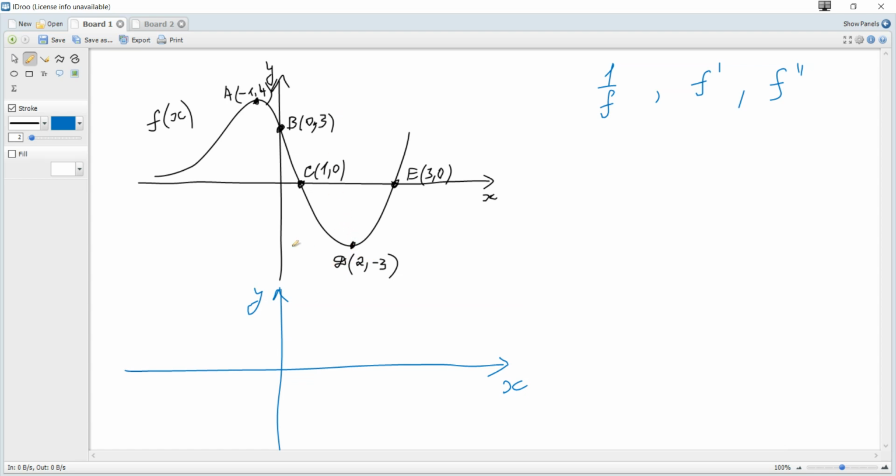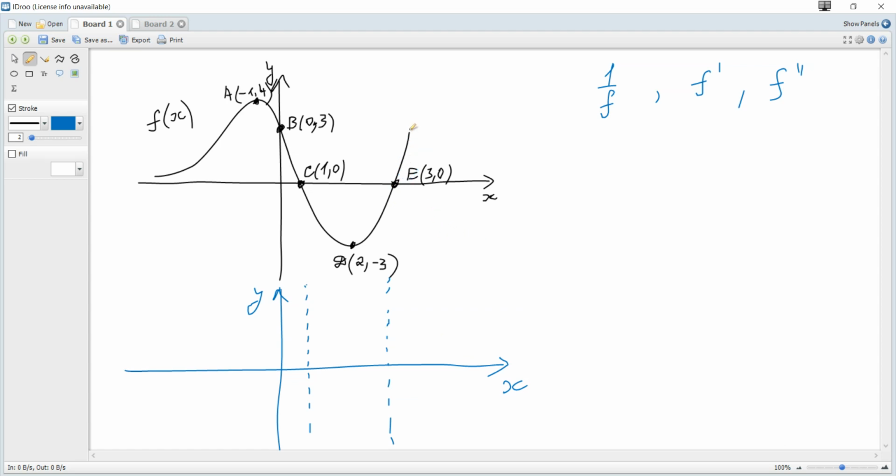because 1 over 0 is infinity, so there will be a vertical asymptote. We can see that at x is 1, there is 0 of the function, so it will be a vertical asymptote of the reciprocal, and at 3 also there will be a vertical asymptote. So let's consider this part.